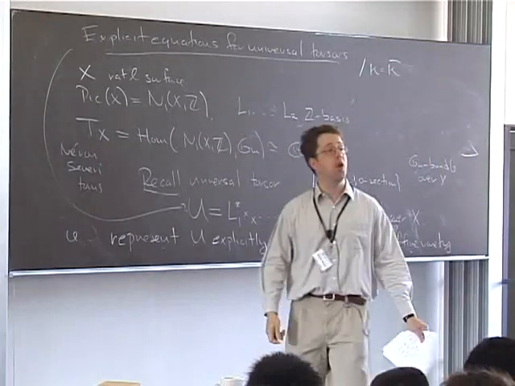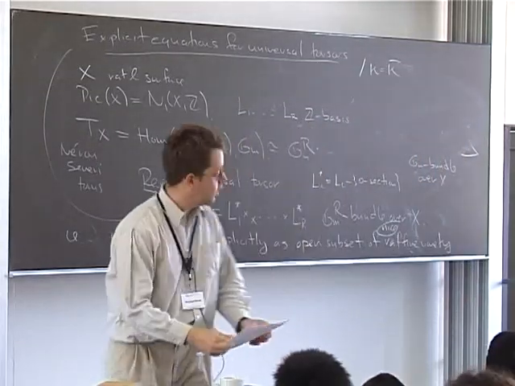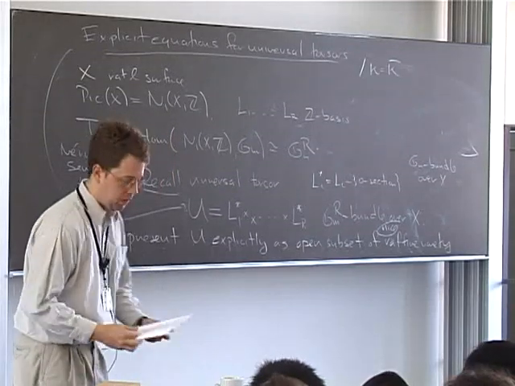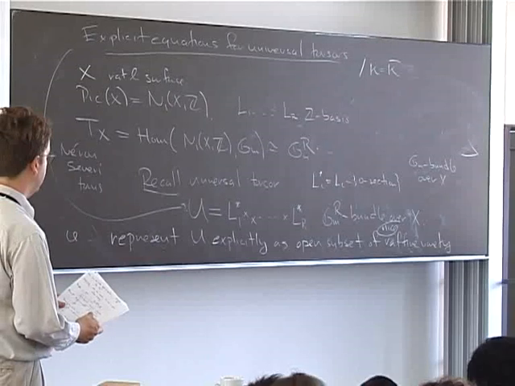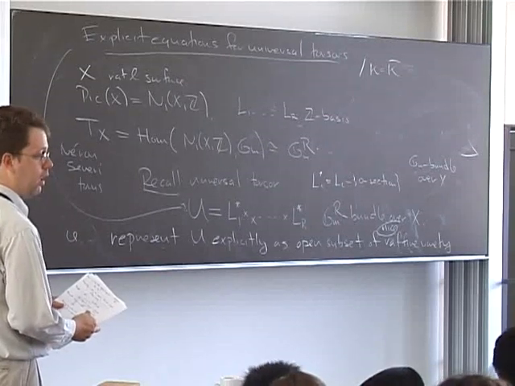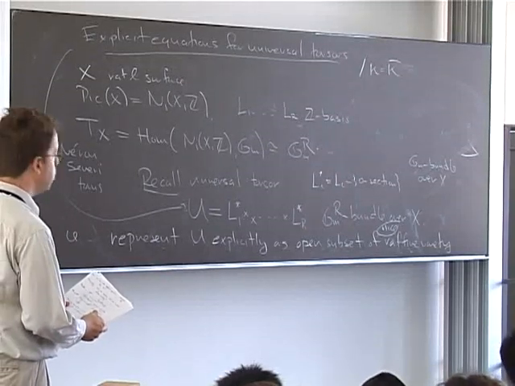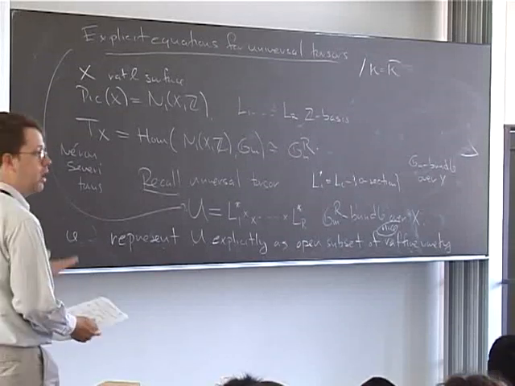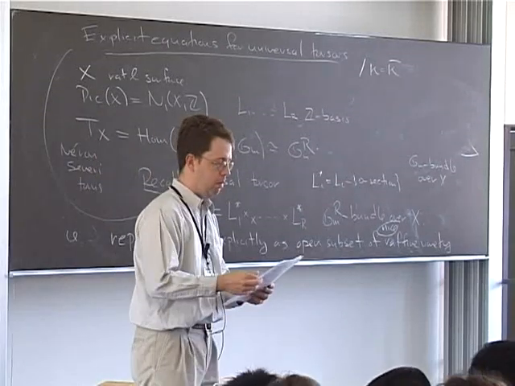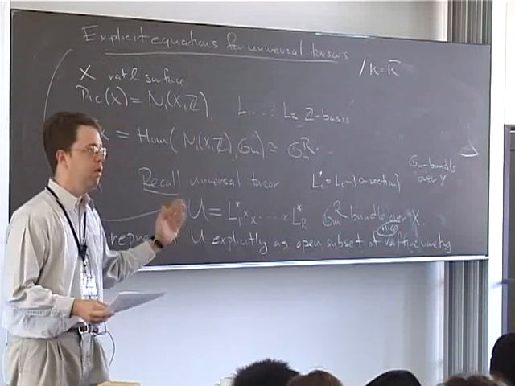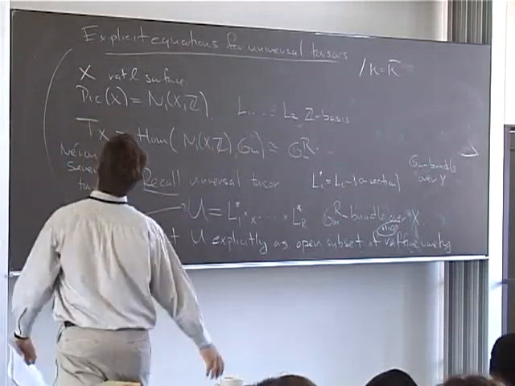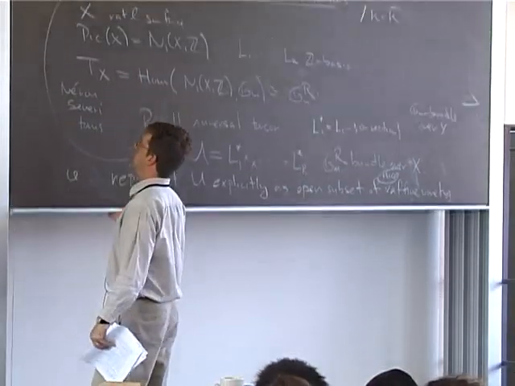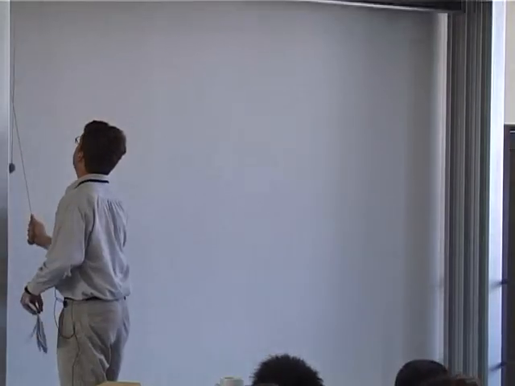A nice affine variety that's naturally associated. I'm sorry? Affine. X is projective. So maybe I should give an archetypal example to illustrate what's going on. I think that's the best answer to Damiano's question.